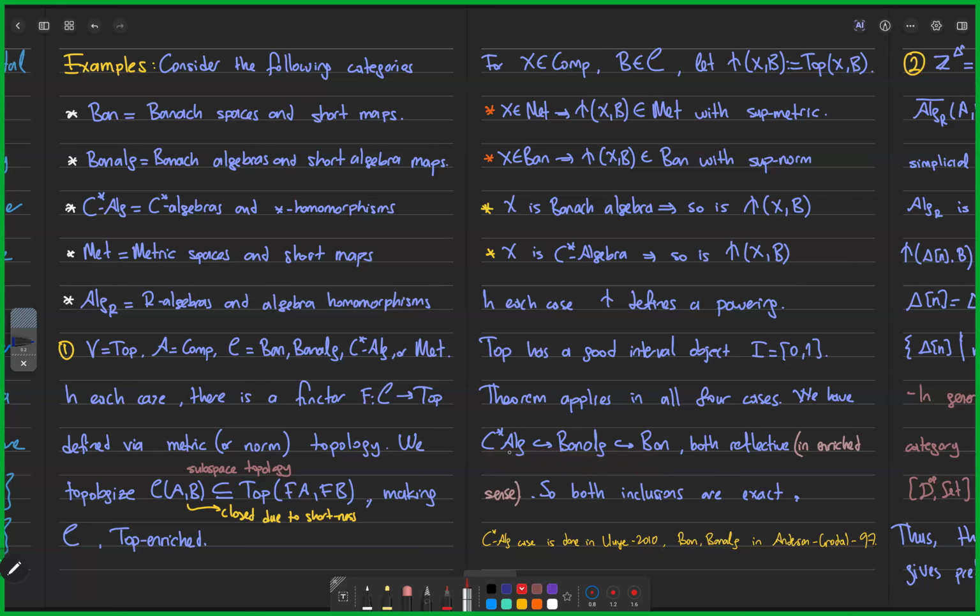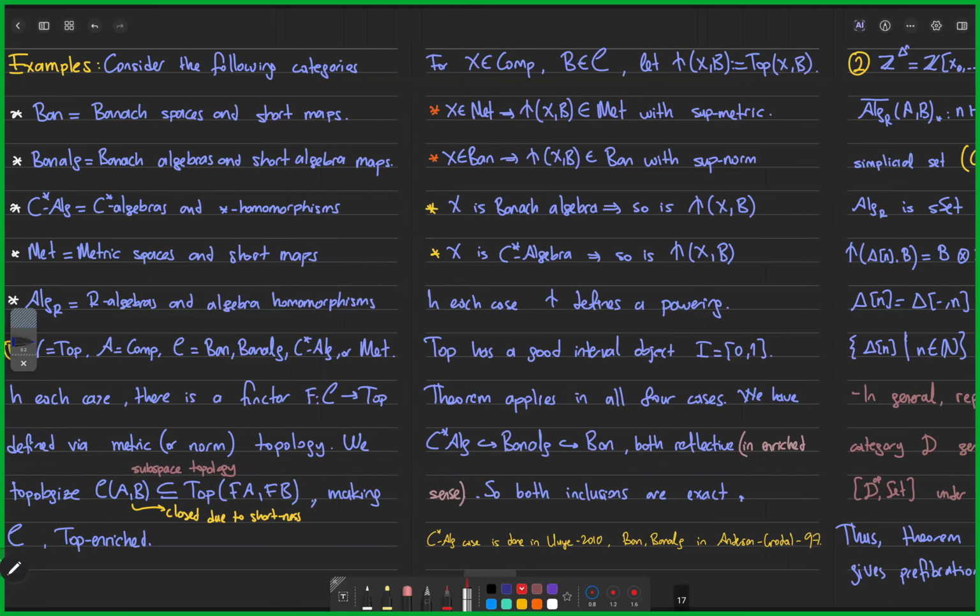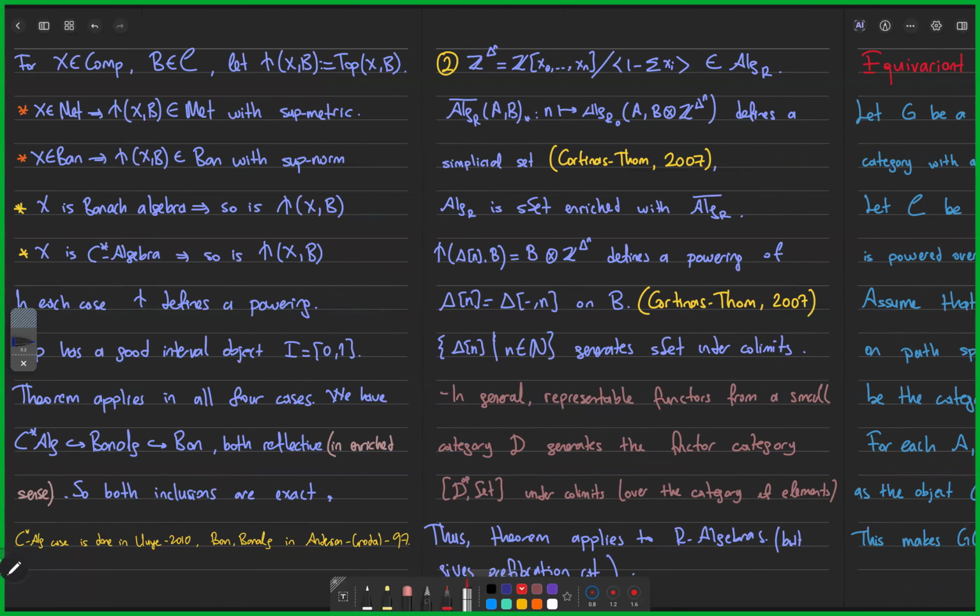Because of that, we can use Uuye's result to show that these are also not full subcategories of fibrant objects in a model category. And the other example is, I mean, for R-algebras.